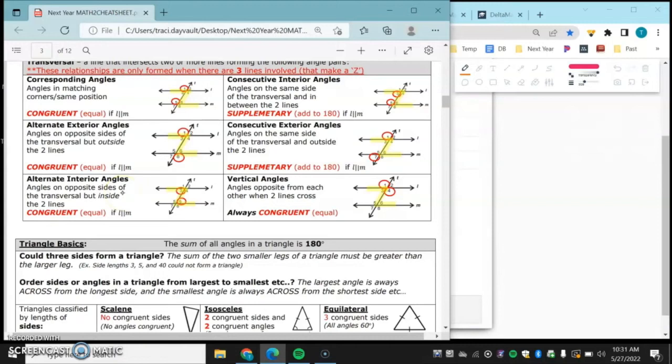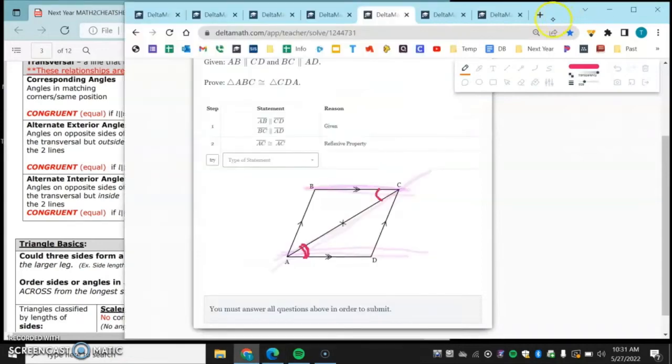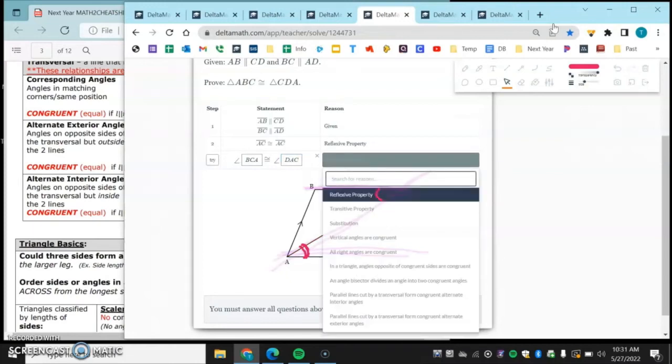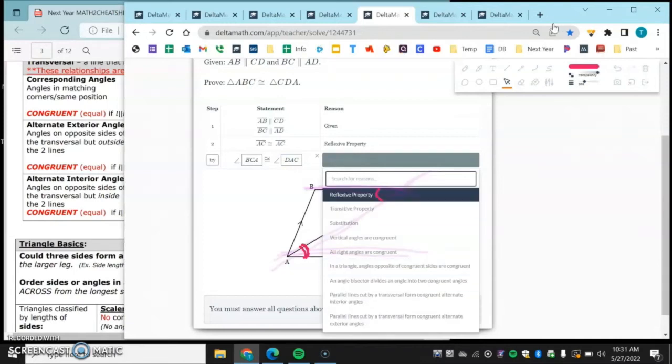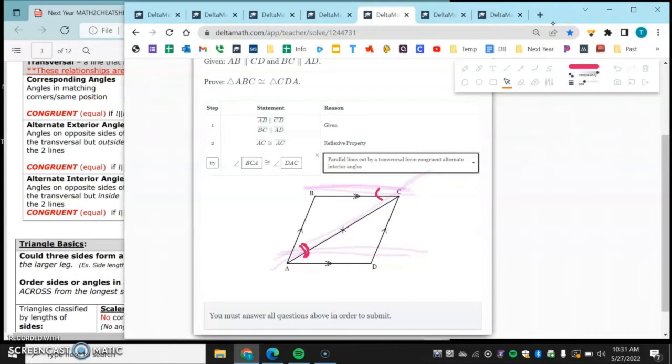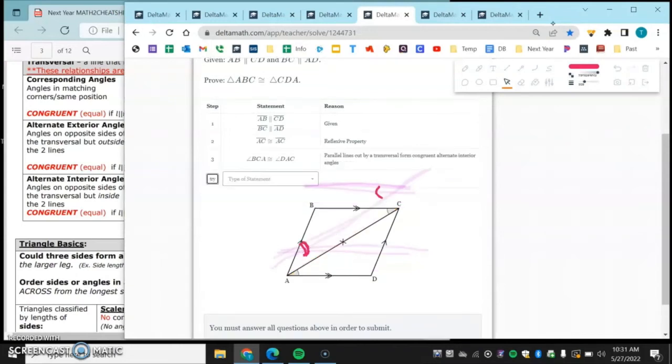Alternate means they're on either side of the transversal. Interior means inside the parallel lines. So I'm going to state that those two angles are congruent. Angles BCA and DAC are congruent because if there are parallel lines, they're going to be alternate interior. So you could just type alternate interior. And that's how I know that those two angles are congruent.